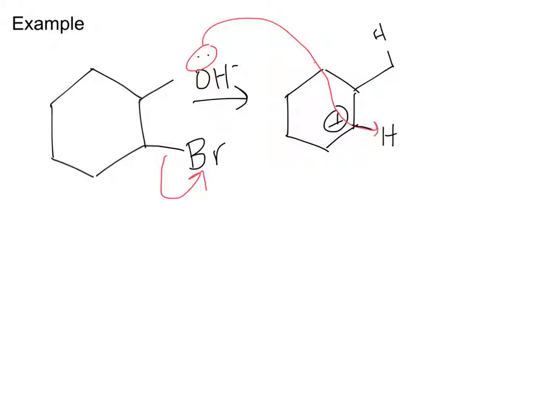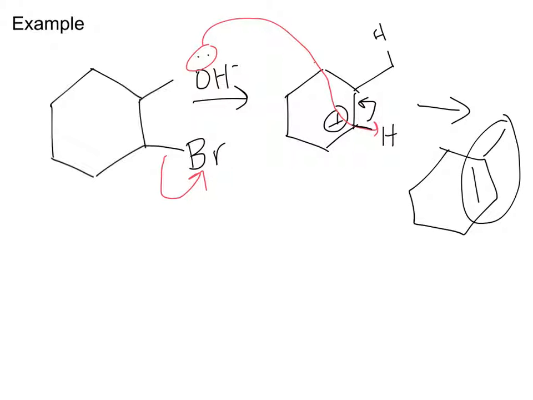I'm going to go ahead and redraw this bond so that this hydrogen and these extra electrons can go and form a pi bond right here. So now our product looks like this. And this, remember right here, makes for the most substitution.